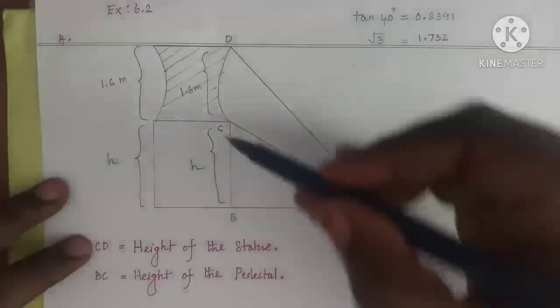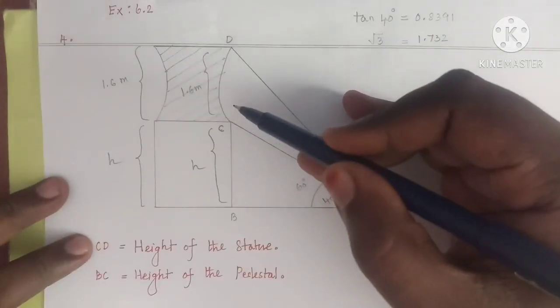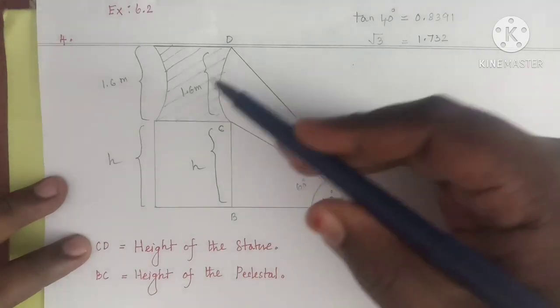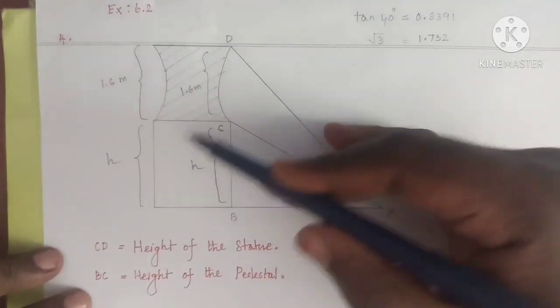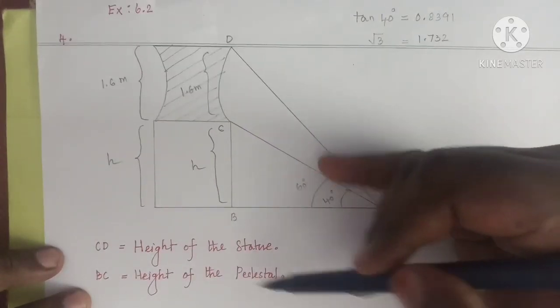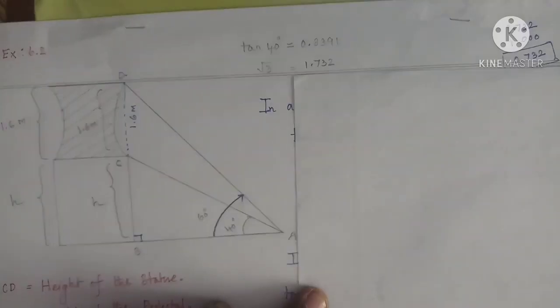CD is the height of the statue, which is given as 1.6 meters, and BC is the height of the pedestal. We are going to find this H value.